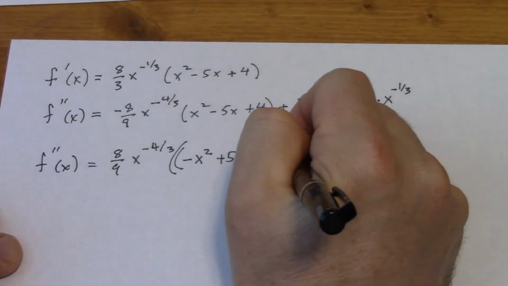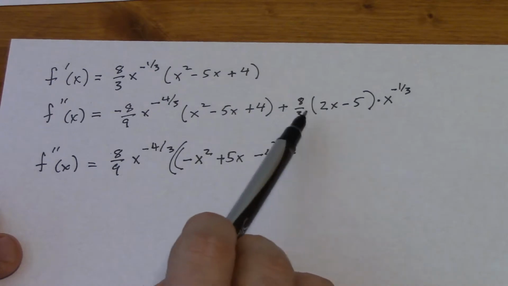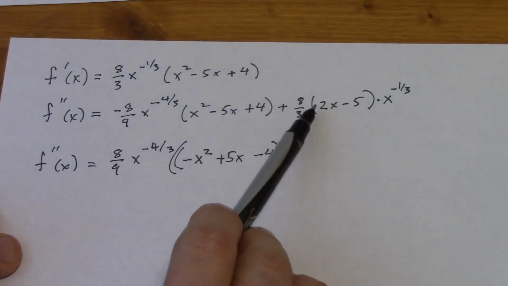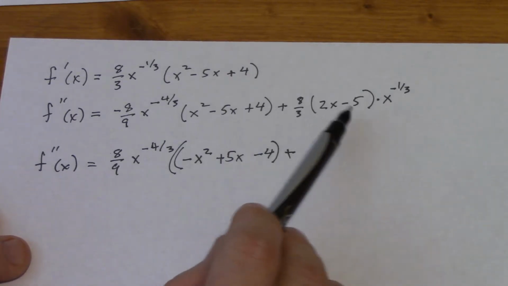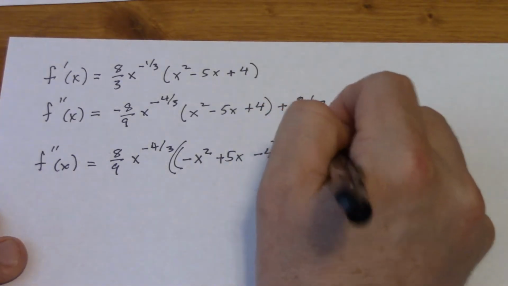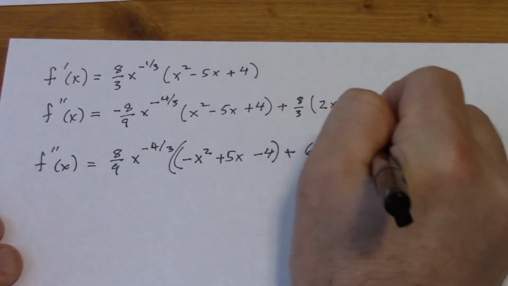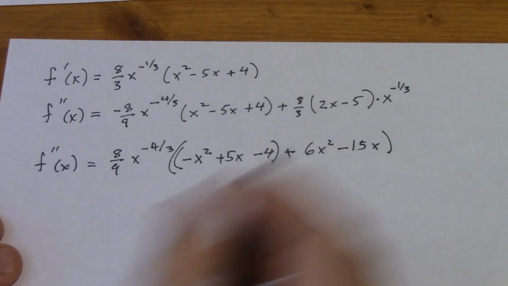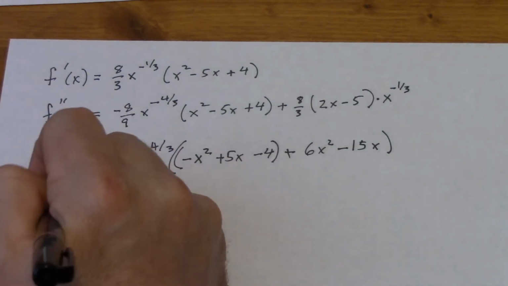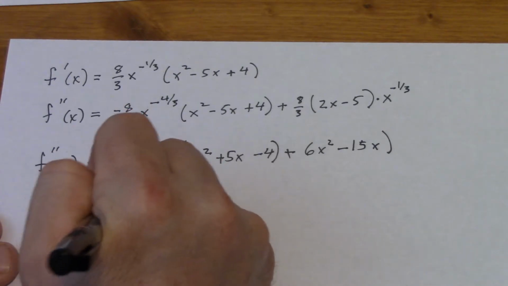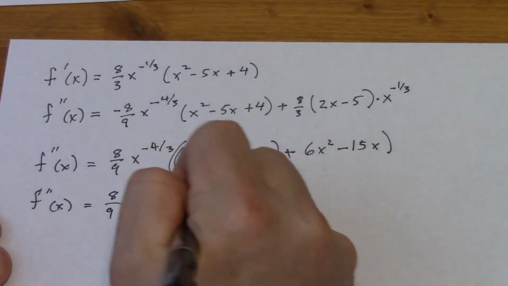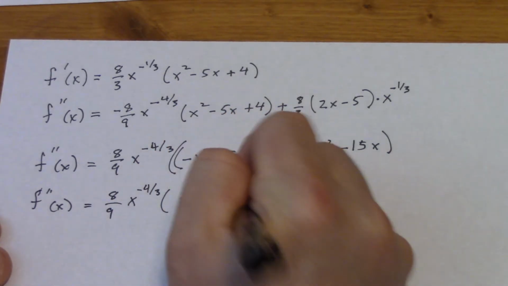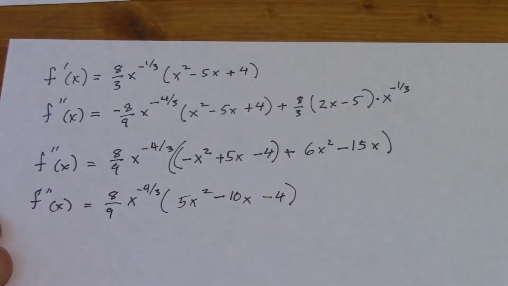And we said we were going to have to multiply by 3 over 3, which means there's a 3 that gets stuck here. And when we factor the negative x to the negative 4/3 out, that's going to be just x to the 1. So 3x times 2x minus 5 is going to give me 6x squared minus 15x. Okay, and one last simplification. So 8/9 x to the negative 4/3, and we're going to have 5x squared minus 10x minus 4.